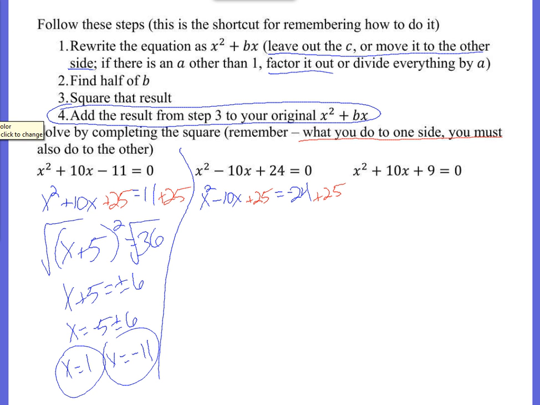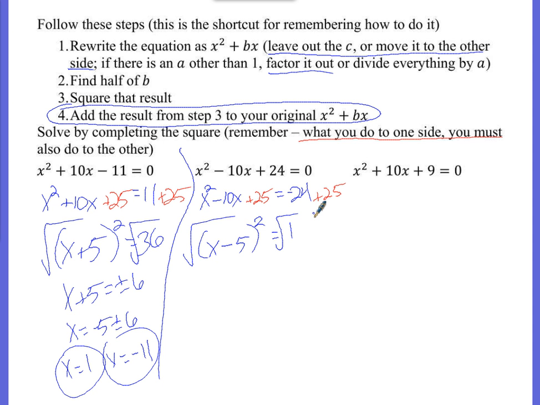So now on the left side, we can simplify that. It's a perfect square trinomial now, so we can write it like a perfect square. Equals, this becomes 1, and inside the parentheses here we have x minus 5. It's not plus or minus 1 yet. We haven't taken the square root of both sides. Now what? Square root both sides.